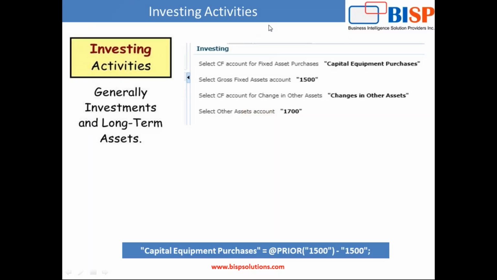When you talk about investing activities, as I said, it is the sale or purchase of your assets. So your fixed asset account of previous period minus current period would be change in equipment purchase. Other asset differences between previous and current period would be stored under change in other assets.